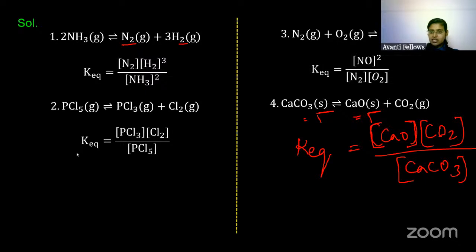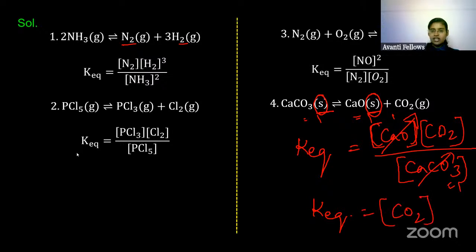But the active mass of the pure solid is equal to 1. You see here, calcium oxide and calcium carbonate are present in their solid form. So those two will go to 1. Active mass will be equal to 1. So I will be left only with the concentration of carbon dioxide. Roshan, is that all right? All of you, are you able to understand?